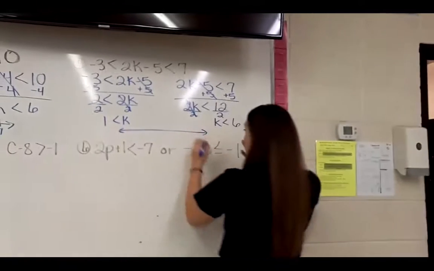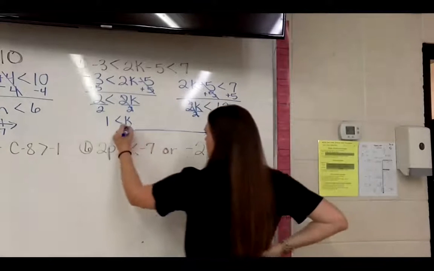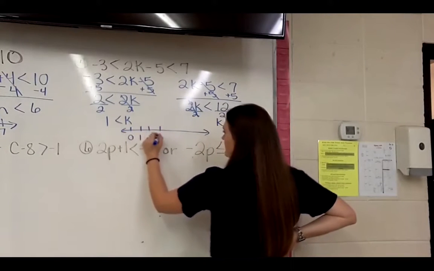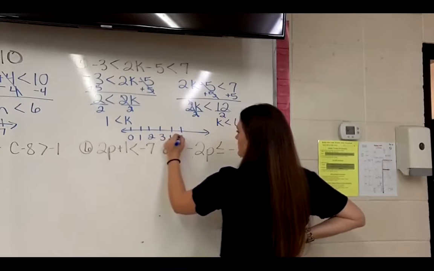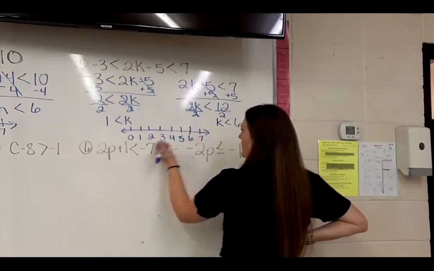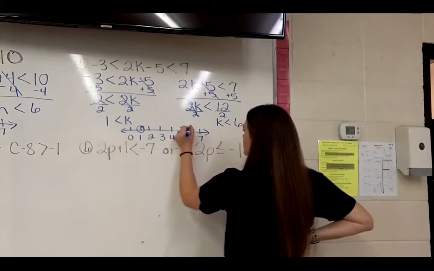Okay, so on my graph, funny enough, it's between 1 and 6 again, just like the last problem. Okay, so it's open at 1 and open at 6.